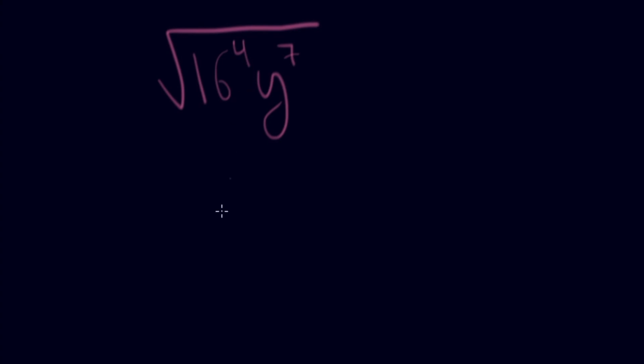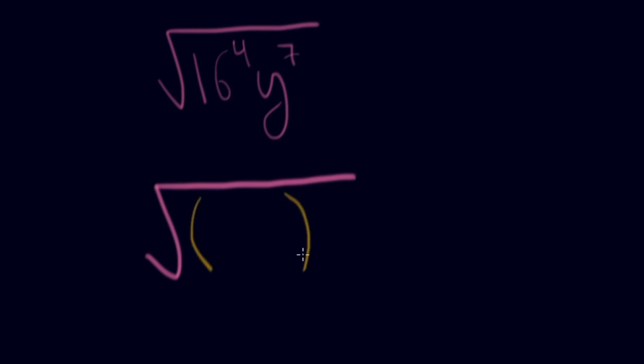Okay. Well, I'm going to do a little trick here. So I wanted to show you this trick. This trick is pretty neat. So here's the trick. I'm going to turn this stuff into a square. So I'm going to turn this into something squared. So I'm going to turn this into 4x squared y to the 3rd. And I still need another y on the outside. So all I've done is change this to where one of them is a square.